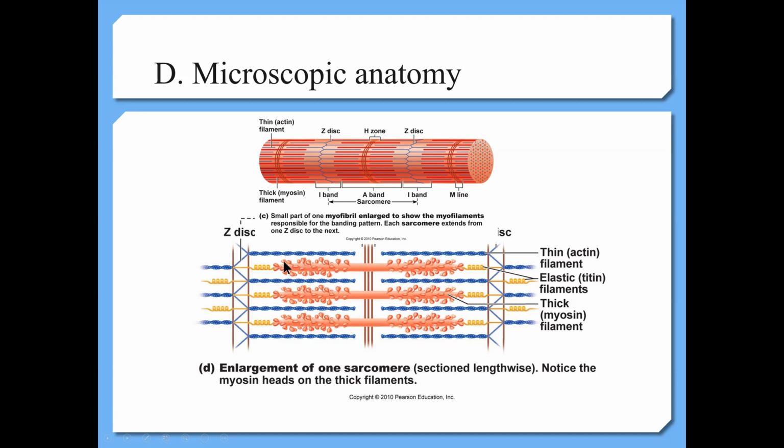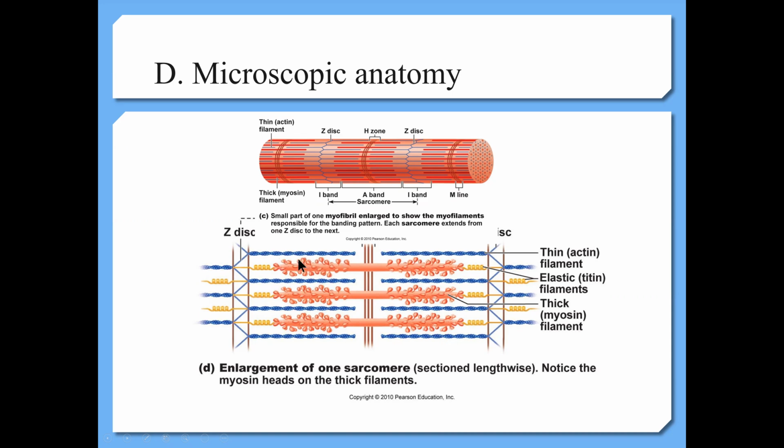It's a long, thick filament which has heads. During muscle contraction, there are binding sites on the actin that are going to be exposed, and we're going to go into detail on how they get exposed. Once they get exposed, the heads of the myosin are going to attach to the actin and move in this direction. They're going to do a stroke-like movement.